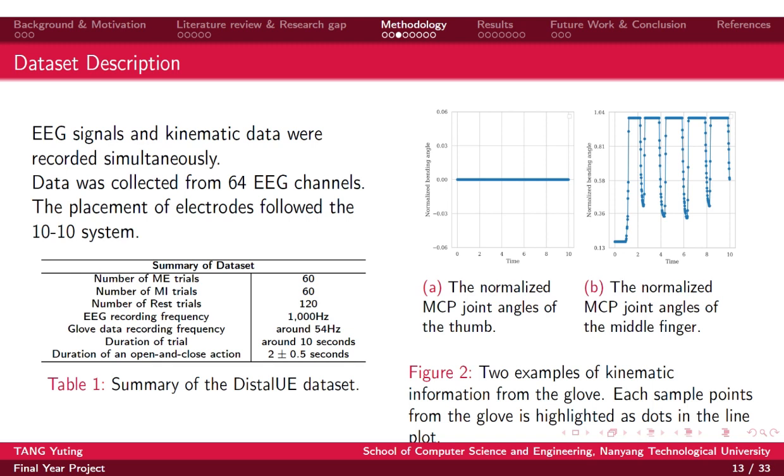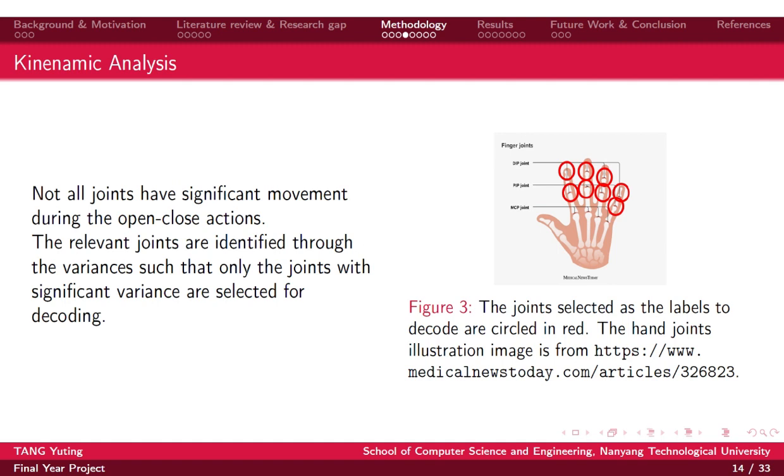Table 1 summarizes the important information about the dataset, and Figure 2 provides 2 examples of kinematic information from the glove. We also find that not all joints have significant movement during the open-close actions, so the relevant joints are identified through the variances, such that only the joints with significant variance are selected for decoding.